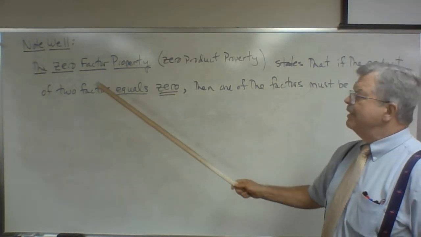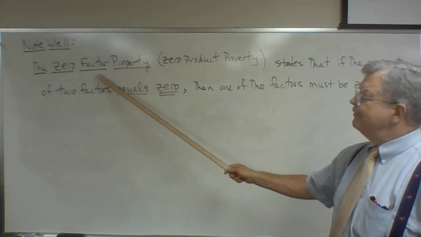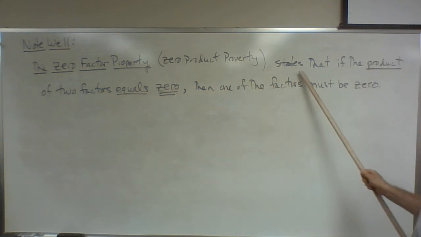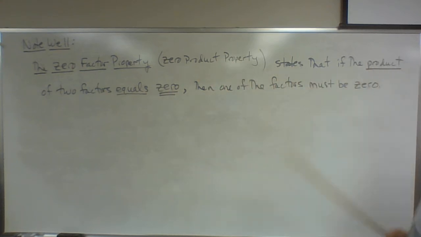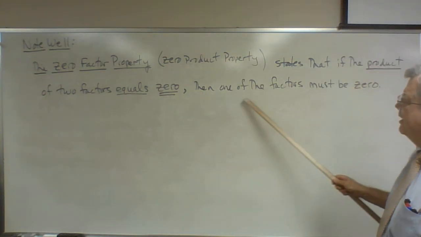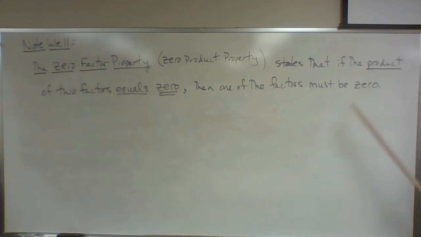Here's something we want to remember. The zero factor property or the zero product property states that if the product of two factors equals 0, then one of the factors must be 0.